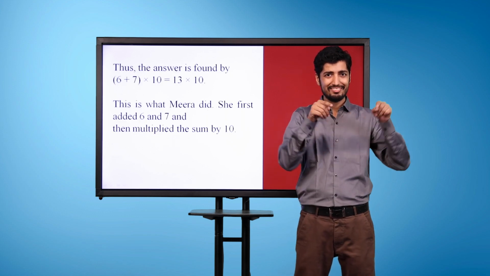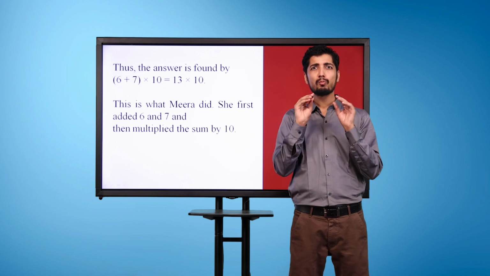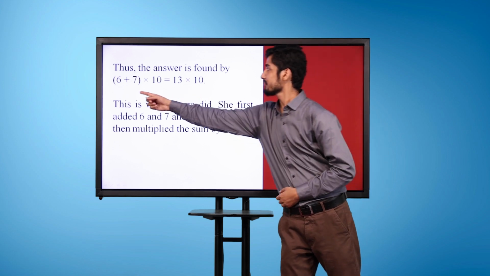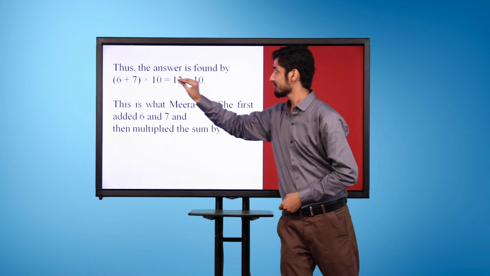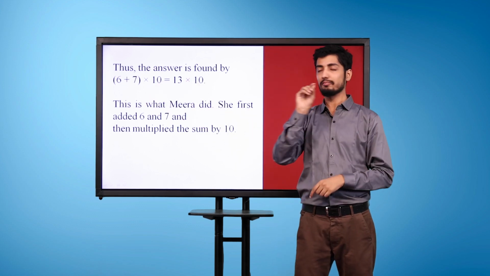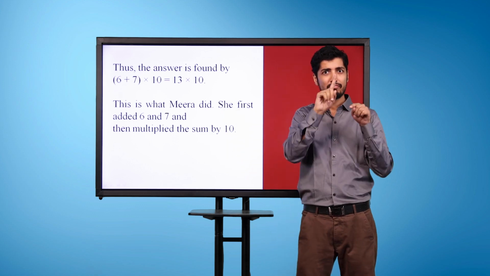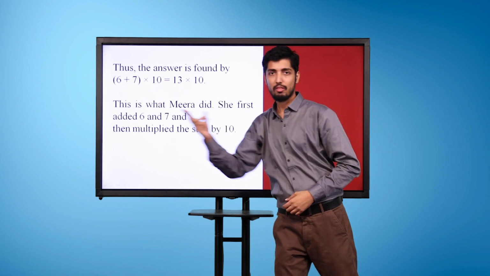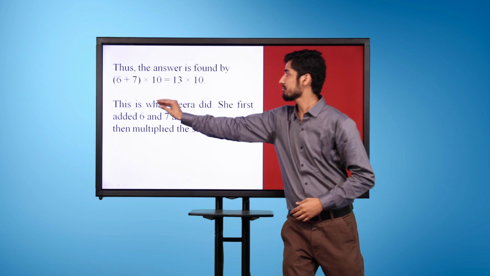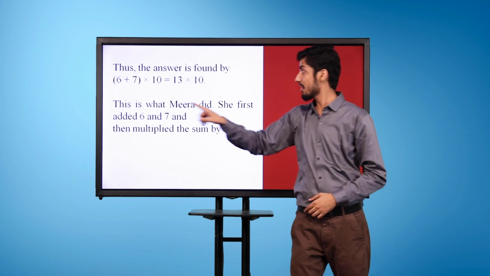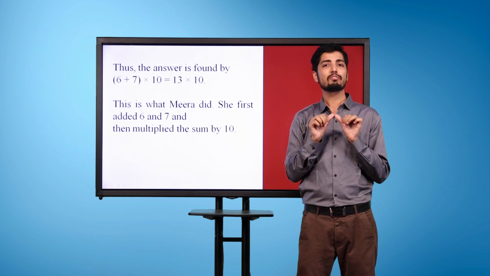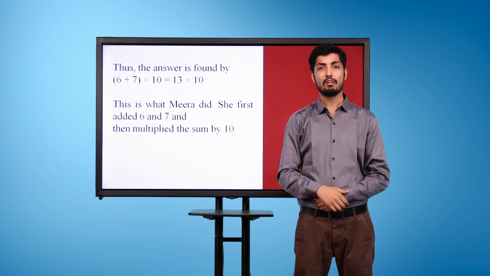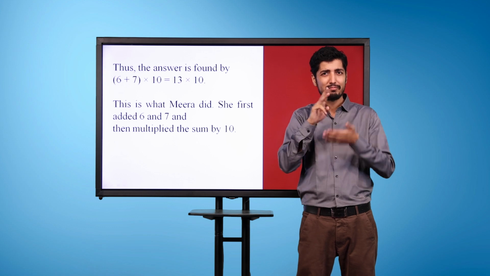Thus, the answer is found by 6 plus 7 within brackets multiplied by 10, which is equal to 13 multiplied by 10. This is what Meera did.